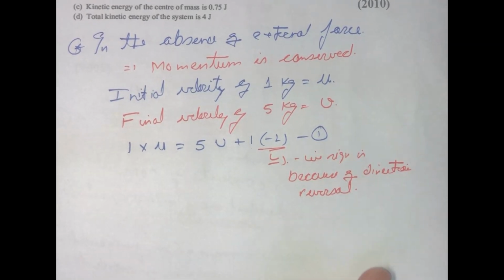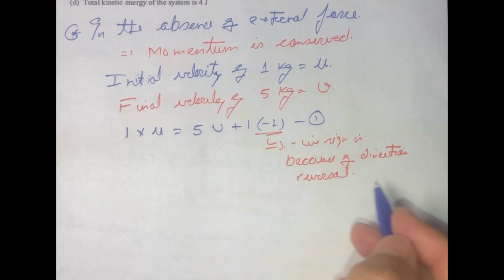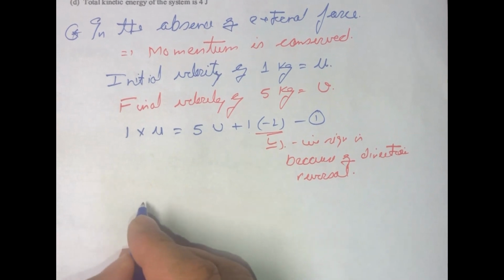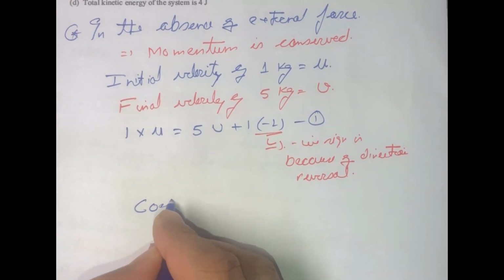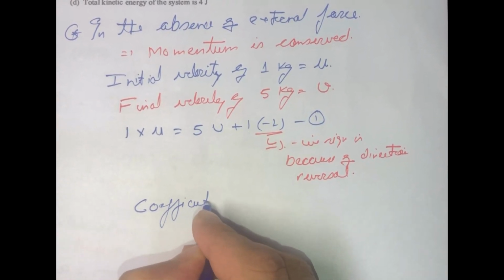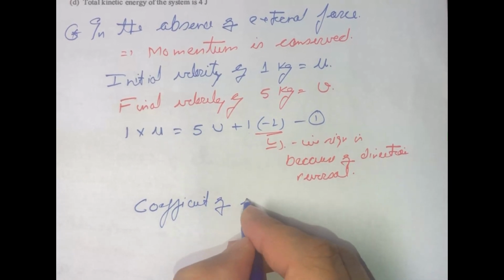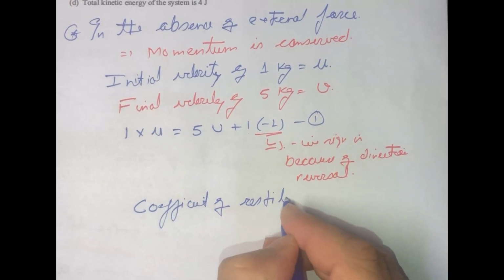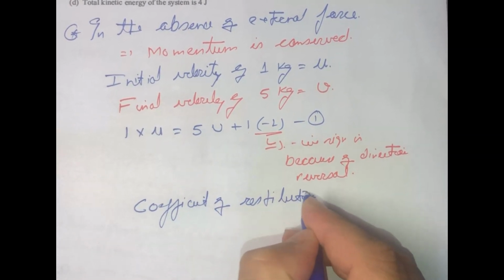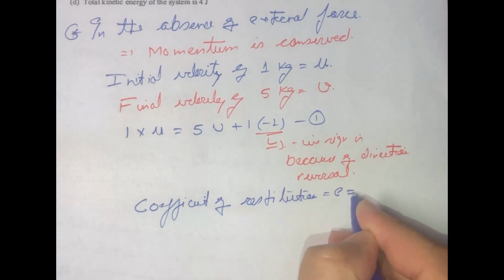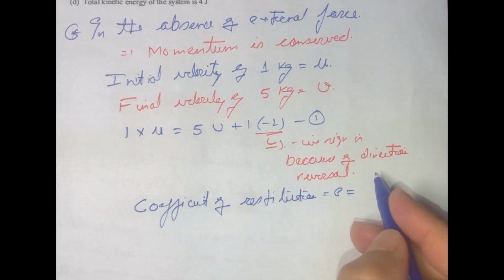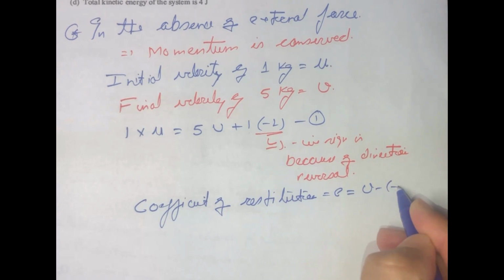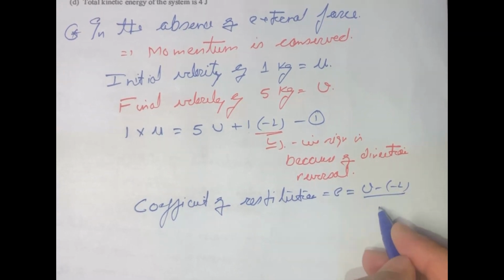Now we also know the coefficient of restitution, given as e, which is equal to (v minus (minus 2)) divided by u.